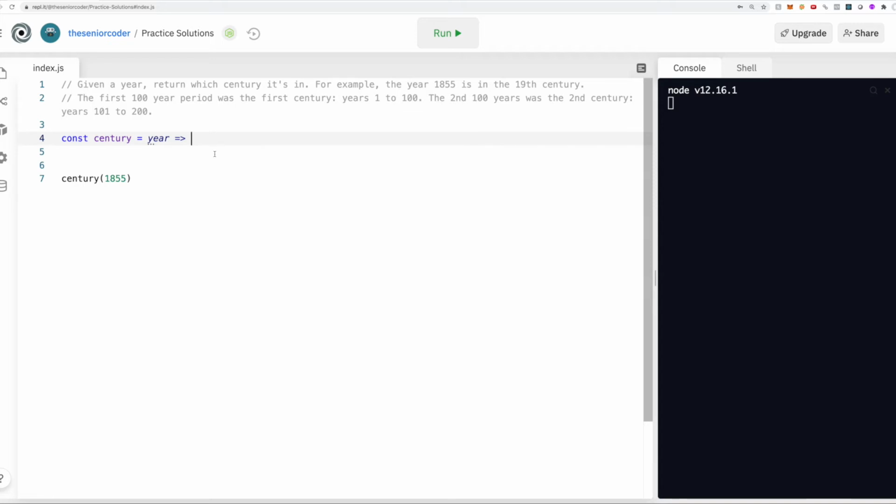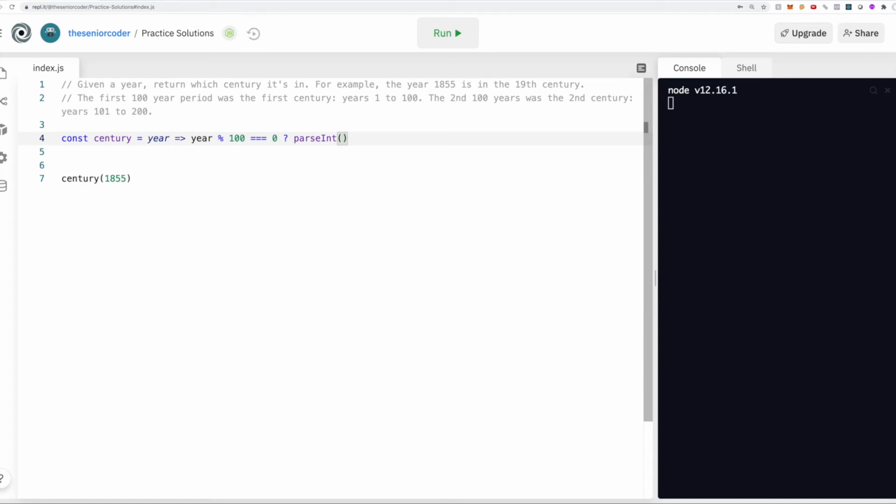We want to start out by taking the year and using the modulus operator to find out if it's divisible evenly by 100. The way to do that is year modulus 100, and if that is equal to 0, and we're going to use a ternary operator here, then if it is divisible by 100, we use the parseInt function to get a whole number.